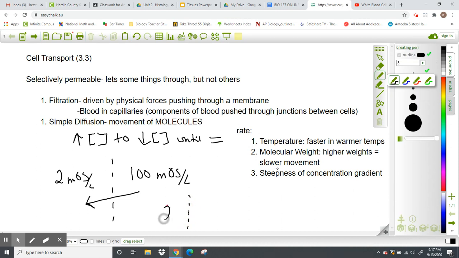Say we have 2 again on this side, but now we have 10,000 on this side. The movement in this situation is going to happen much faster than at this situation. So the higher the gradient, the faster it's going to move.